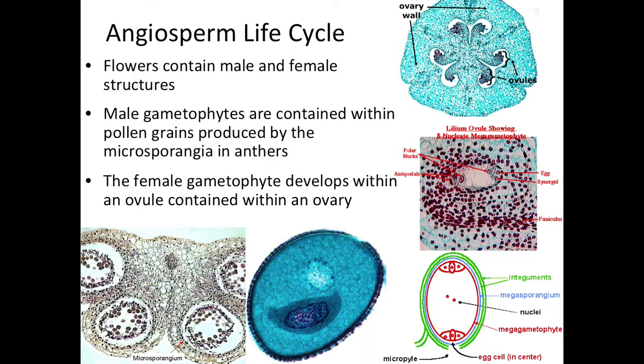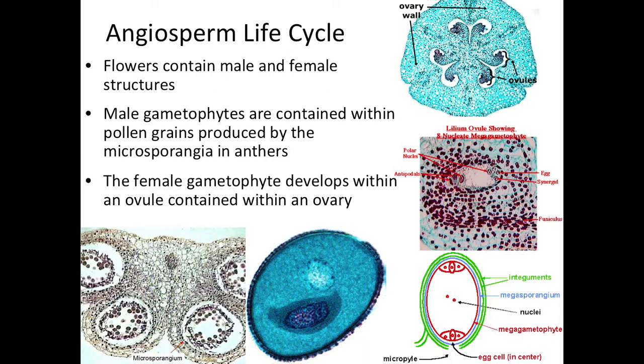But when you get to angiosperms, the gametophyte body has become very, very reduced in size, and it's very hard to see without a microscope. In fact, the male gametophyte of the angiosperm can be only 2 or 3 cells large. The pollen grain is the male gametophyte, and it consists of the generative cell and 2 sperm cells, or it may only consist of the vegetative cell and the generative cell, which will then split later.